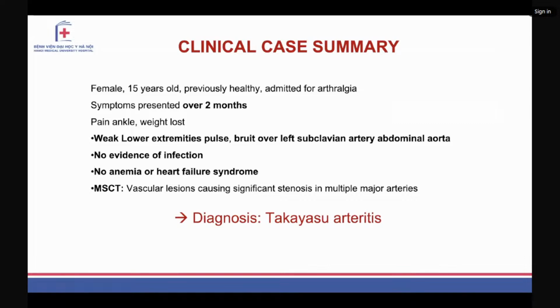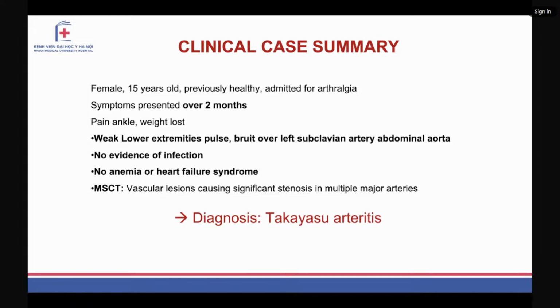And we are looking at a 5-year-old female, previously in good health, who was admitted due to joint pain. She has been experiencing symptoms for 2 months, including ankle pain and weight loss. On physical examination, we noted weak pulses in the lower extremities, and bruits over the subclavian arteries and abdominal aorta.